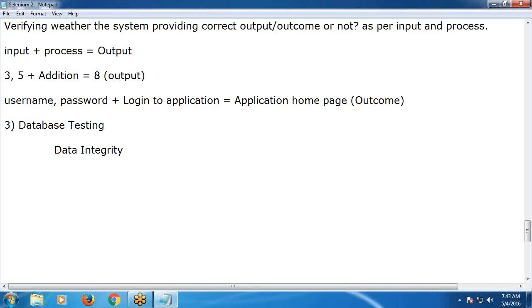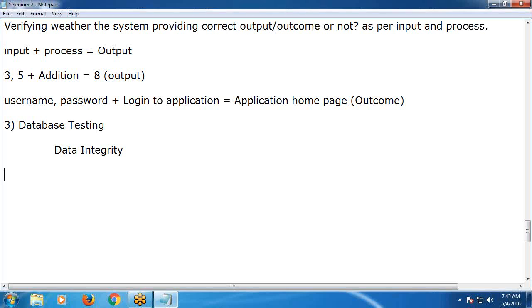What is data integrity? Data is correctly storing or not, and in correct places storing or not. Data is completely storing and correctly storing. Completeness and correctness.